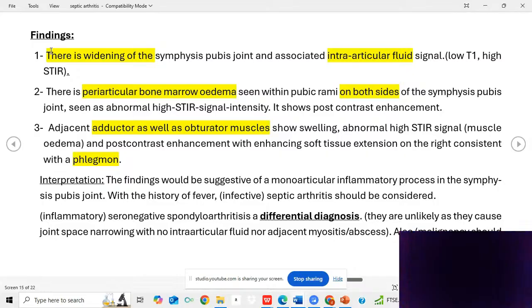So the findings on MRI are the following.